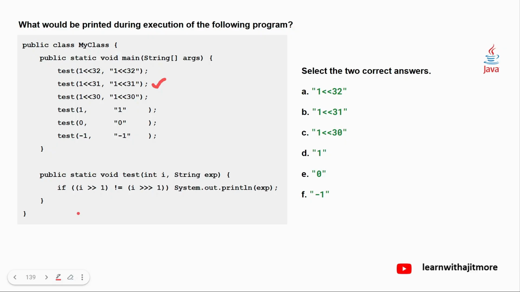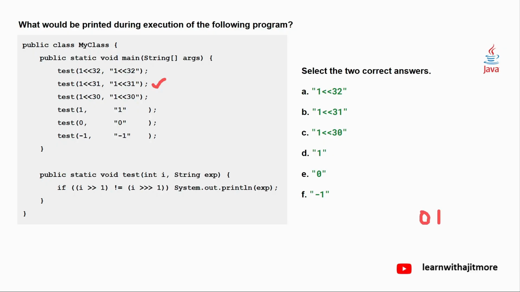Will the answers be different or same, by two greater shift or three greater shift? It will be same because the number is positive. As the number is positive, the sign bit will be zero only.